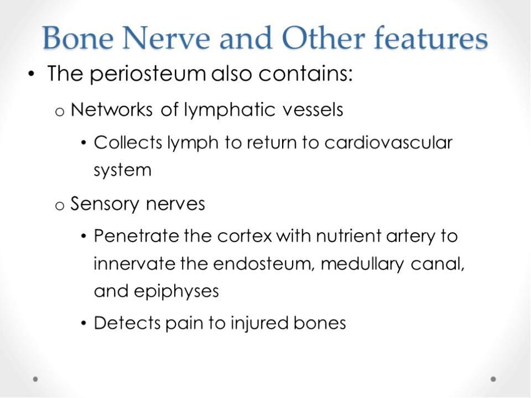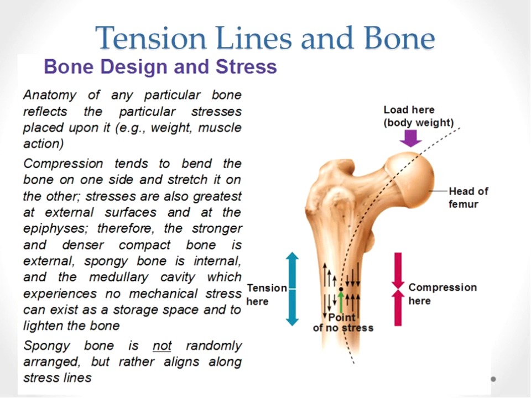A little bit of the nerves that we see coming into and around bones are only going to come into the periosteum, and they are going to provide sensory information and feedback, so we ensure that bone growth occurs in uniform type patterns along the whole endosteal, whole medullary canals, epiphyseal regions, so we don't end up with abnormal growth areas. Okay? The sensory nerves do carry information of injury and pain for bones back to the central nervous system.